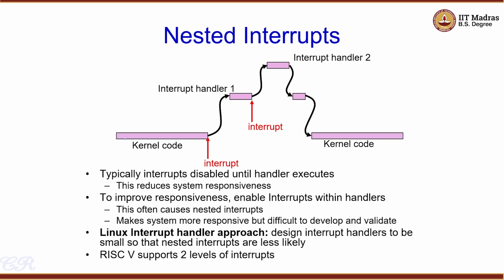We have the kernel code executing, and then an interrupt occurs which causes the first interrupt handler to execute, and while this interrupt handler is executing, a second interrupt occurs, which causes the second interrupt handler to execute, and so on, right. So we have two levels of interrupts that have occurred.